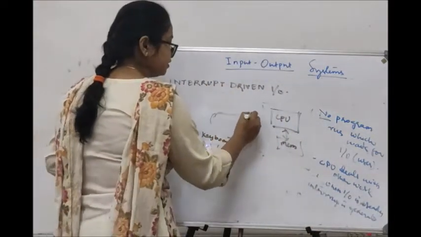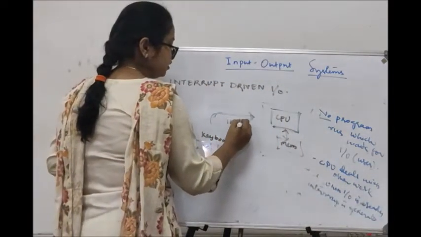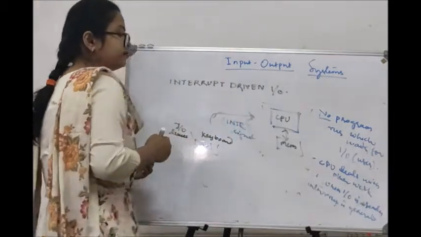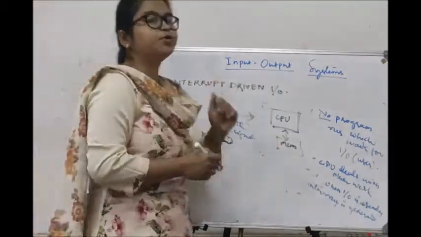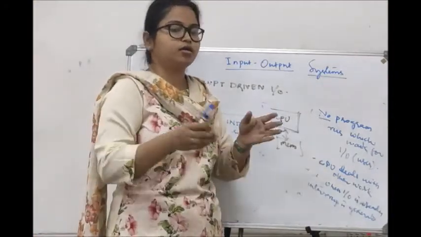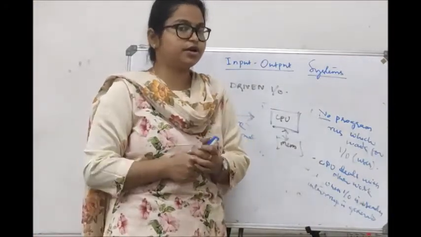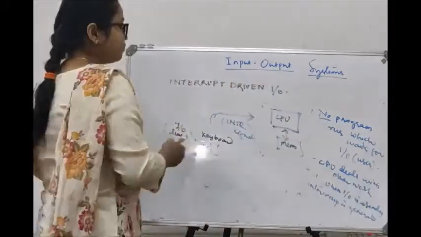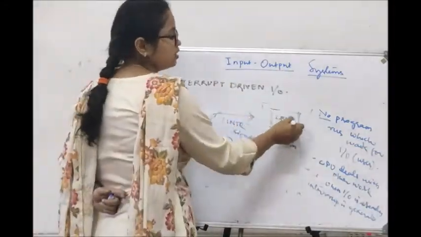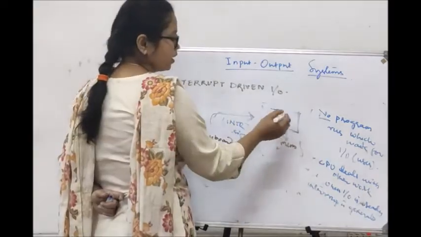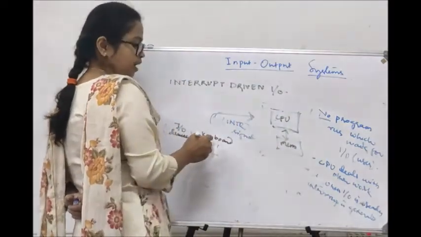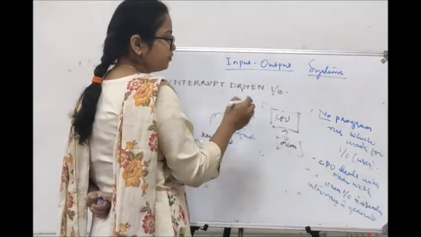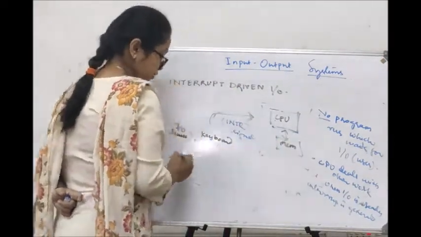An interrupt signal, INTR, is generated and it reaches the CPU. Then the CPU will understand that okay, now the data is ready. I need to take the data and store it in memory. Simple. So when the interrupt signal is generated, the CPU decides that the IO device is ready with its data. I'll simply take the data and store it in memory.